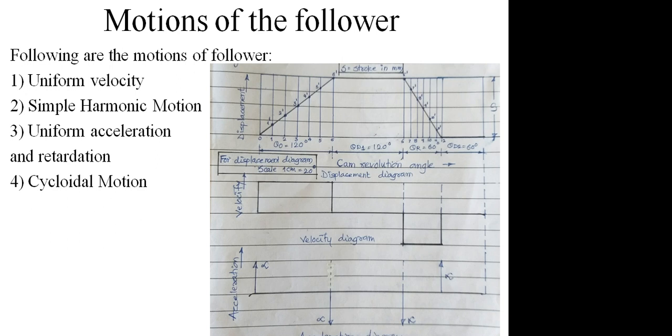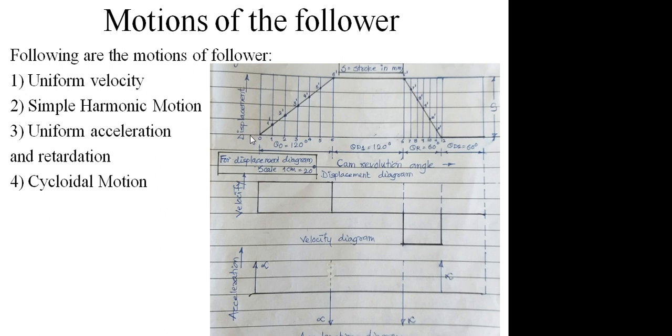We will generate the profile of a cam from the displacement diagrams of the follower when the follower moves with these four motions. The first motion of the follower is uniform velocity. Second one is simple harmonic motion. Third one is uniform acceleration and retardation, and fourth one is cycloidal motion. So these are the four motions of the follower.